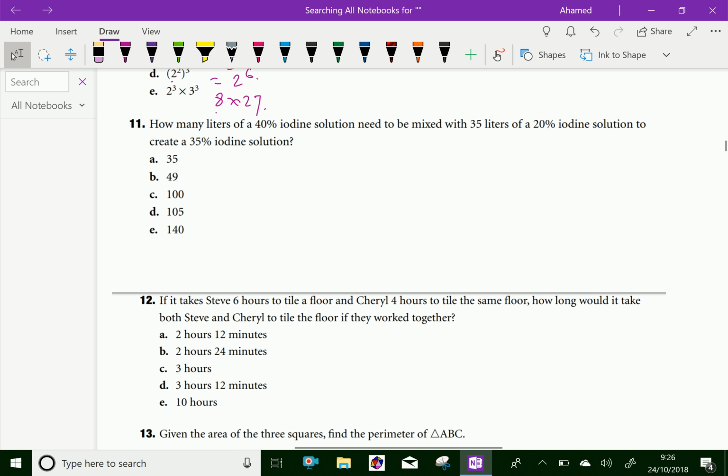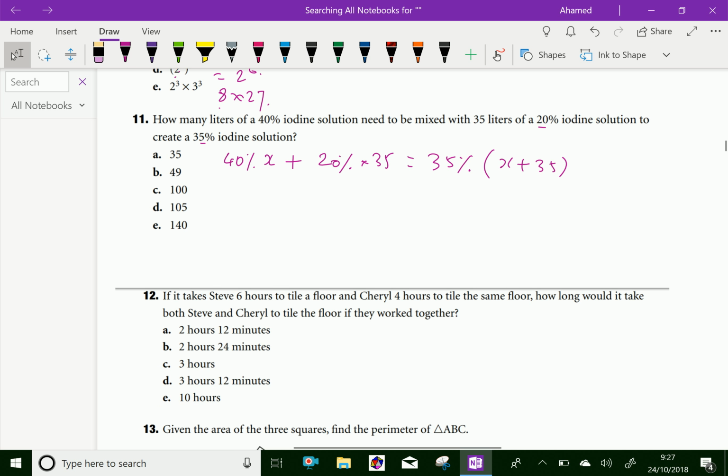Here, let x be the number of liters of 40% solution added, that is 40% of x, plus 20% of 35 liters, which gives 35% of the total, where the total is x liters plus 35 liters.